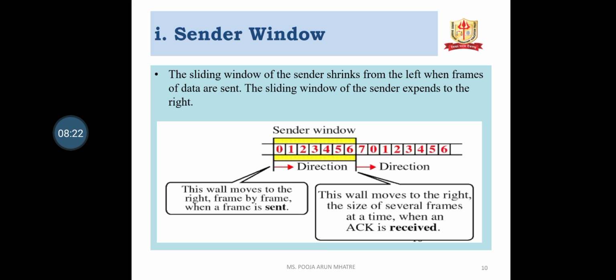That means when a sender sends frames 0 to n-1, that is 0 to 6, and the receiver receives them and sends an acknowledgement for frames 0 to 6, then after the sender receives the acknowledgement, it sends the next frames, that is 0, 1, 2, 3, 4, 5. That means a window of 7 to 5 is sent by the sender.